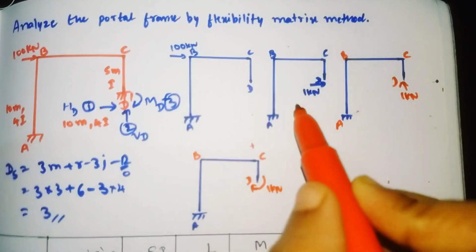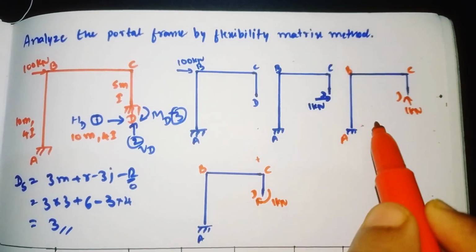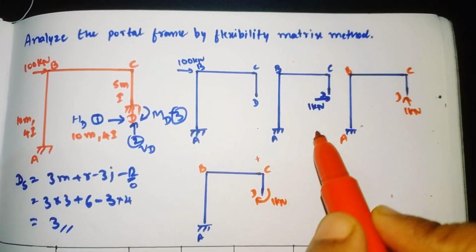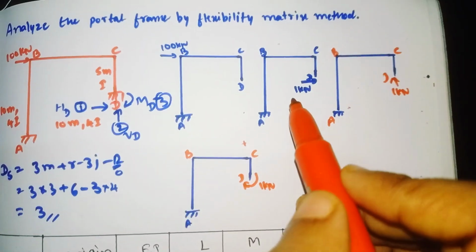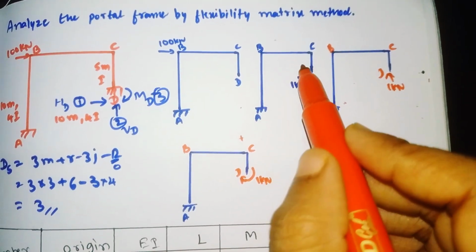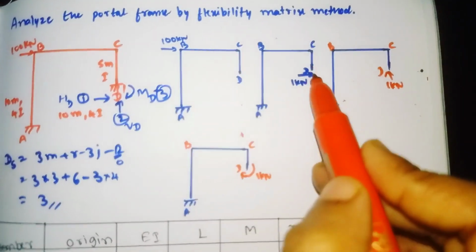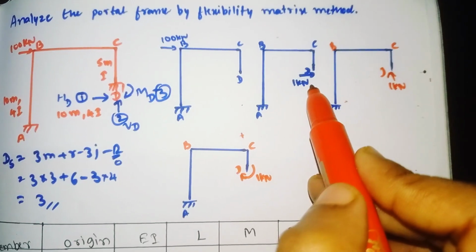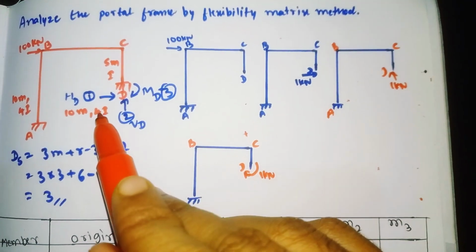Here at a time we have to apply only one coordinate on each diagram. So we need to remove all the actual loads given in the problem, and apply only the one coordinate which we want to find out.